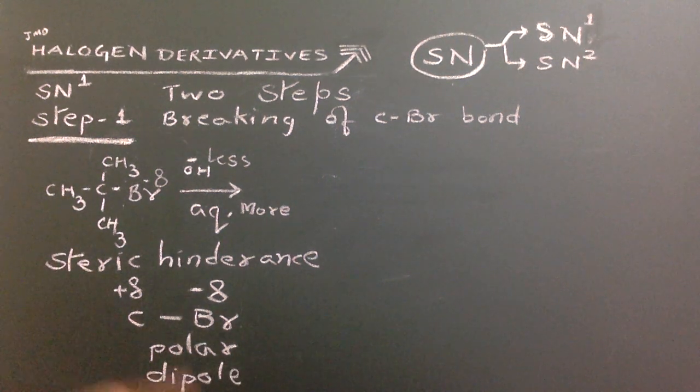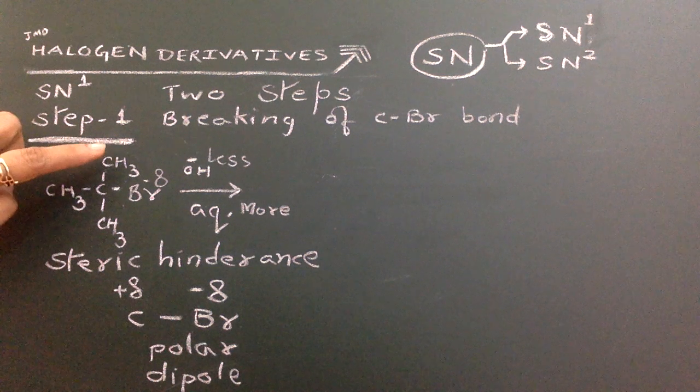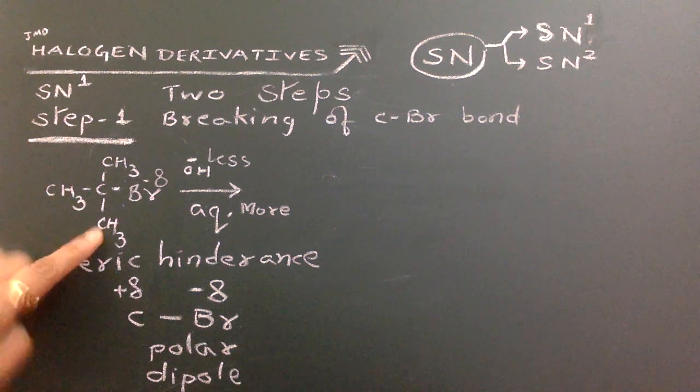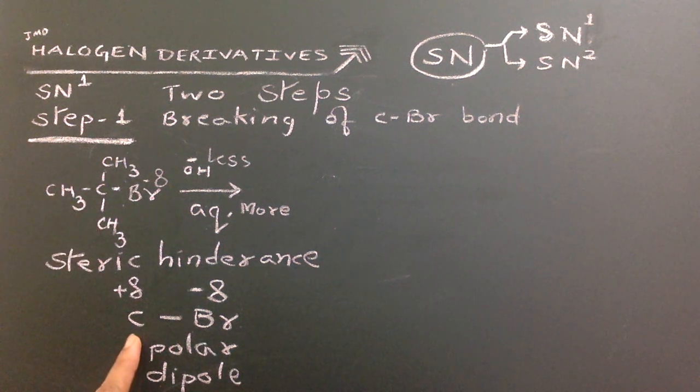Now since the CBr bond is highly polar, and its high polarity is also attributed to the negative inductive effect of bromine and the positive inductive effect of the 3 methyl groups attached to this carbon, this molecule, the CBr bond, undergoes heterolytic fission in the polar solvent to form a carbocation.